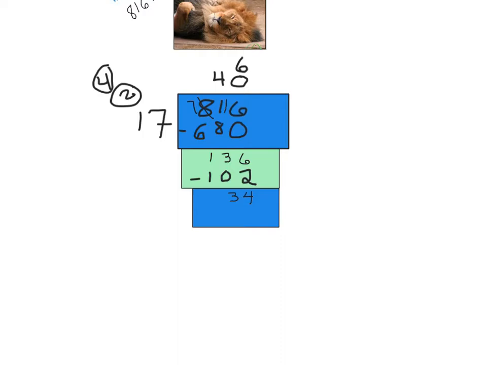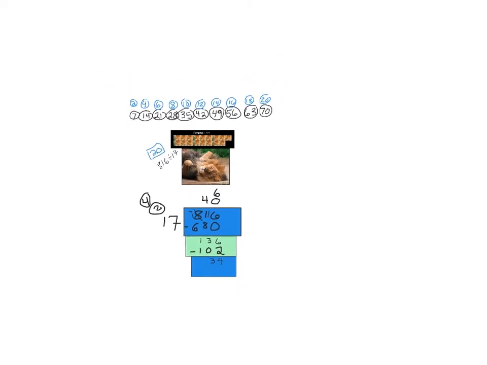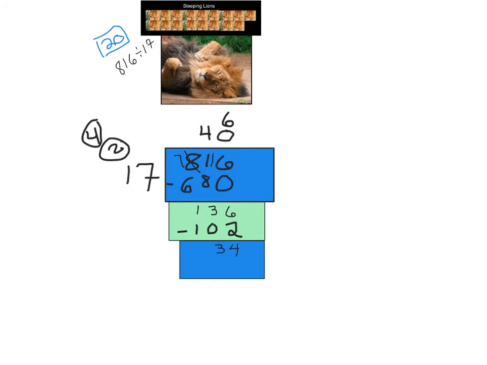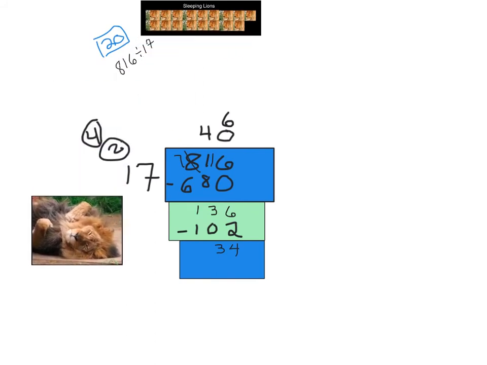So what I'm going to do now is come back up here and use the 20 to estimate how many times it will go into 34, right? So this would be 20 and then 40. So 40 is too much, so I'm going to just add one more 17 down there, and let's see what happens with that. Now, first of all, I'm going to make a little more room here by moving my sleeping lion right over here.